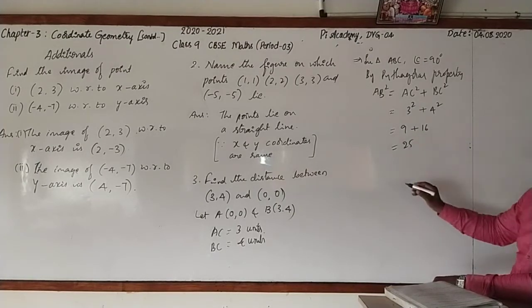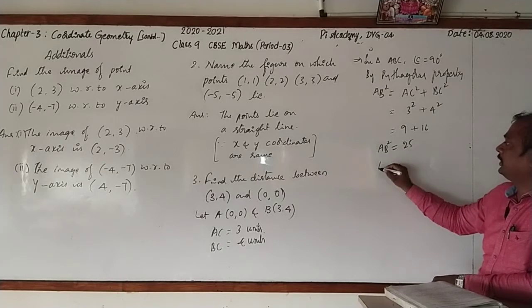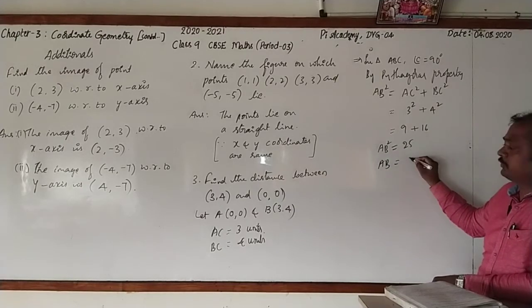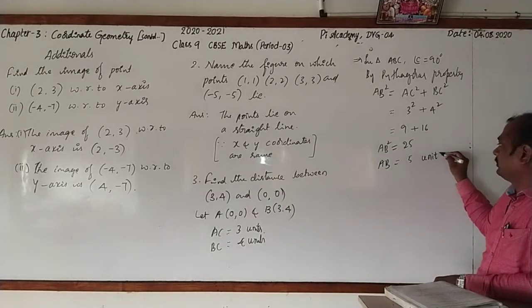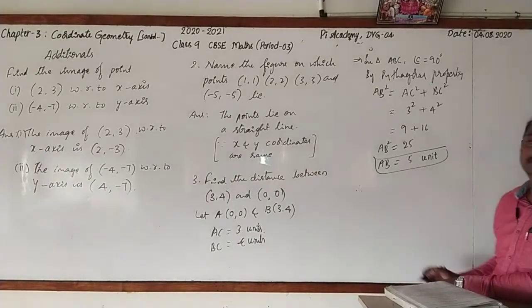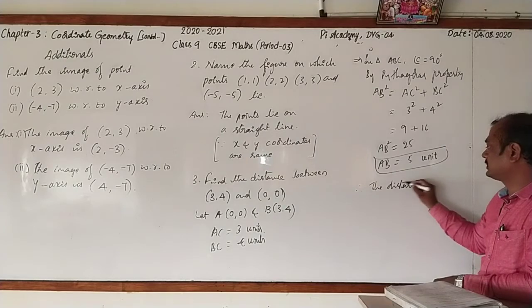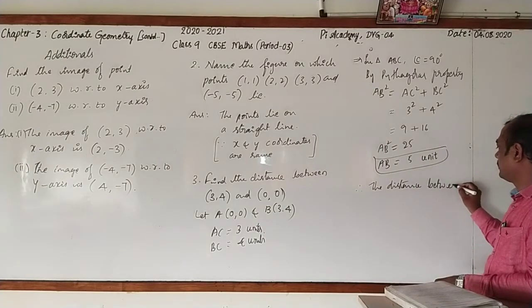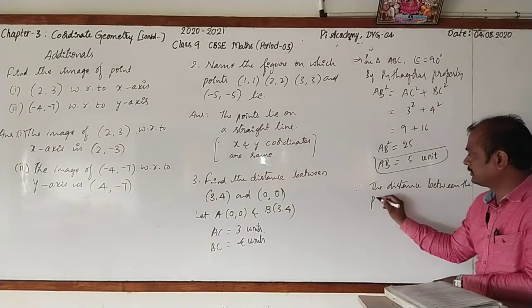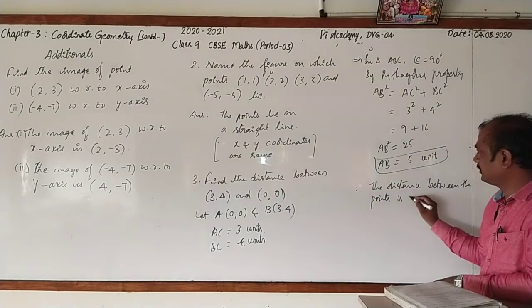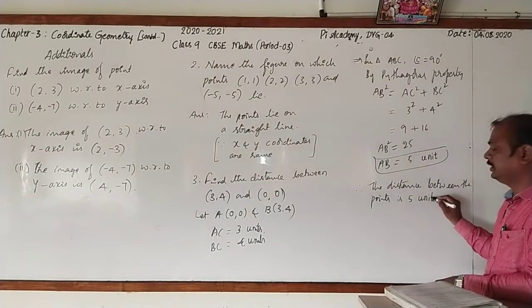It is 25. AB square equal to 25, AB equal to square root of 25, which is nothing but 5 units. Conclusion: therefore, the distance between the points is 5 units.